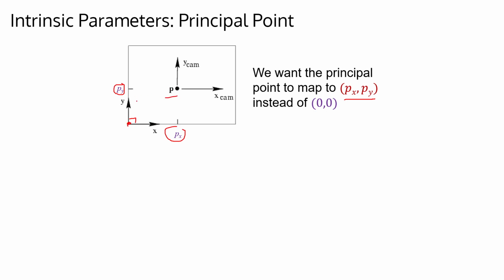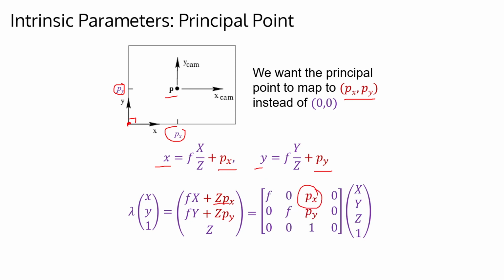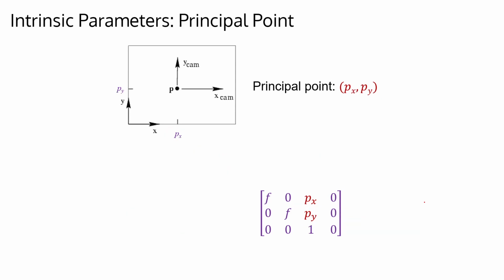Small x must be this one plus Px, and small y must be this one plus Py. We can incorporate that into the equation like this, and you can see here, in addition to f, you get Px and Py. So that's the principal point.